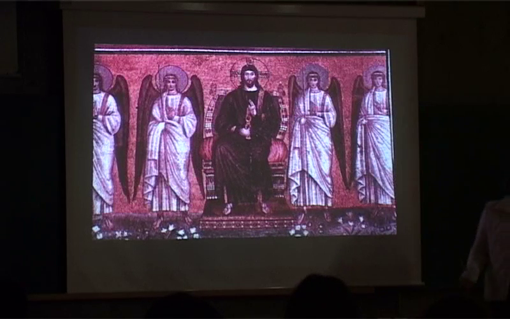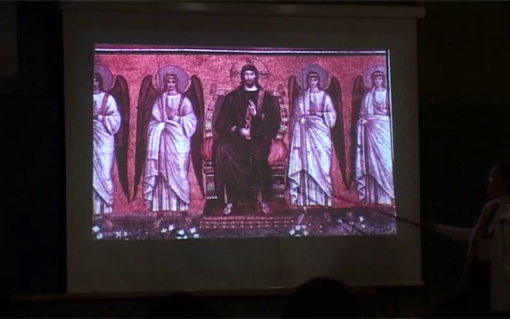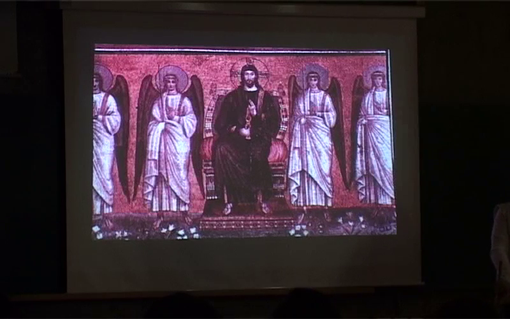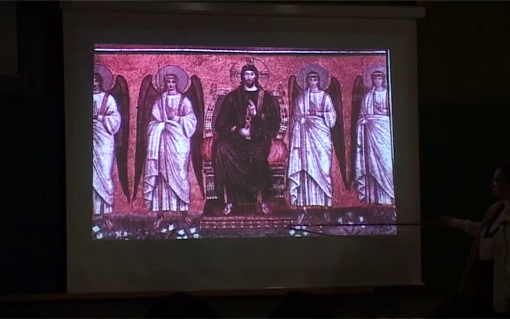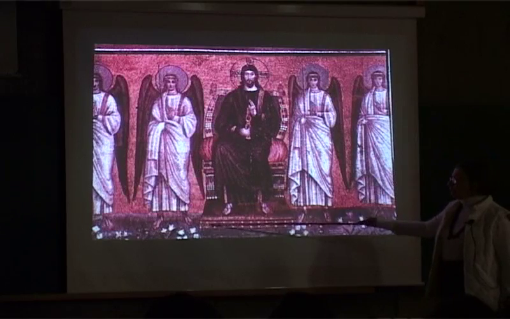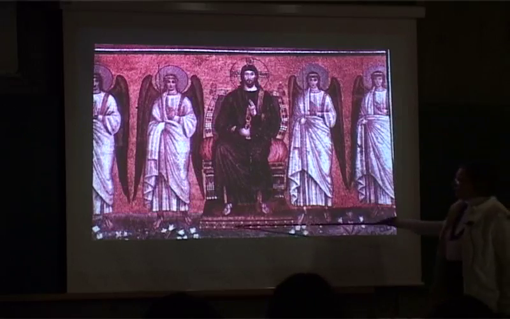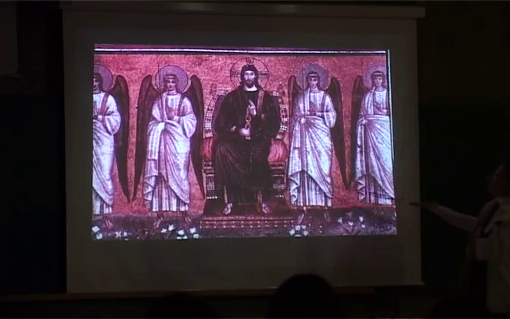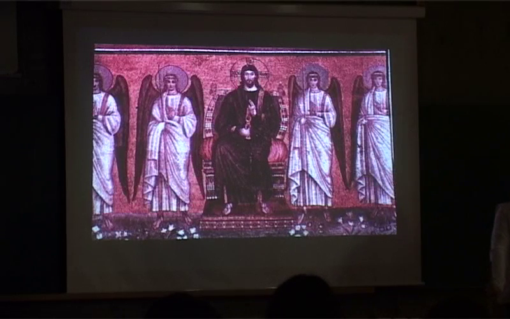Just like Saint Apollinare Classe, in Saint Apollinare Nuovo as well, you see the richness in the imperialized Christianity. Christ is enthroned on a jeweled throne. You see the precious mother of pearl and other precious jewelry studded on the throne, and he is seated with the majesty of an emperor.